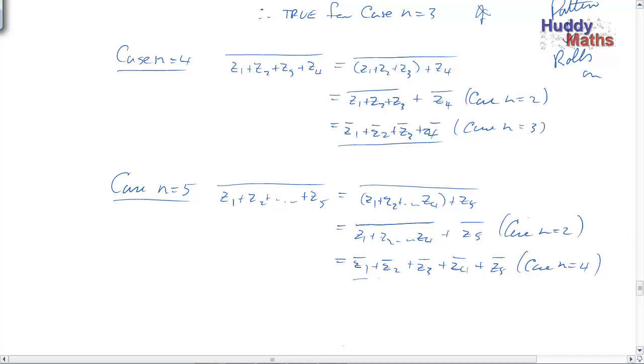So therefore, oops, left it out here, therefore true for case n equals 4. Same thing here, therefore true for case n equals 5. Okay, so I think we've established a good pattern.